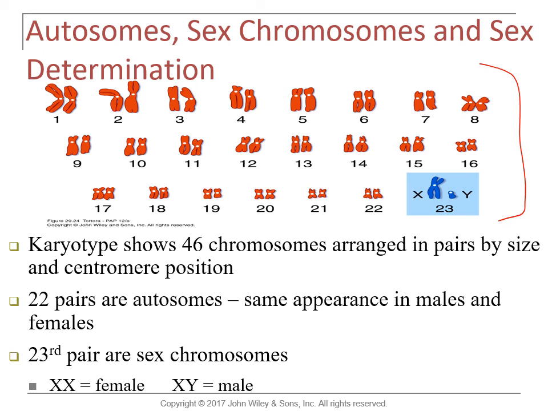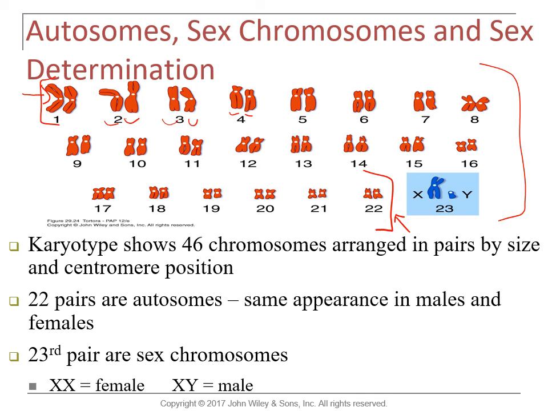So in 22 of the pairs, okay, so from number 1 all the way till number 22, okay, the homologous chromosomes, they look alike and they have the same appearance in both males and females, okay, like we have two of similar number 2, similar number 3s, similar number 4s, two chromosomes they look alike.